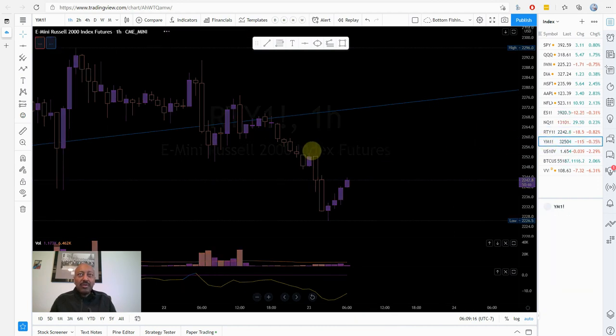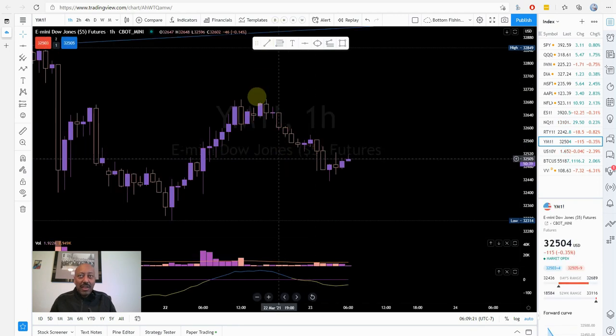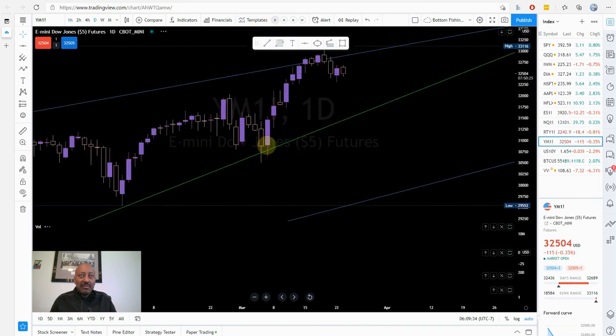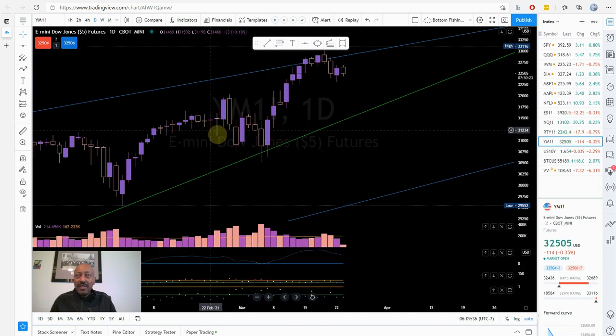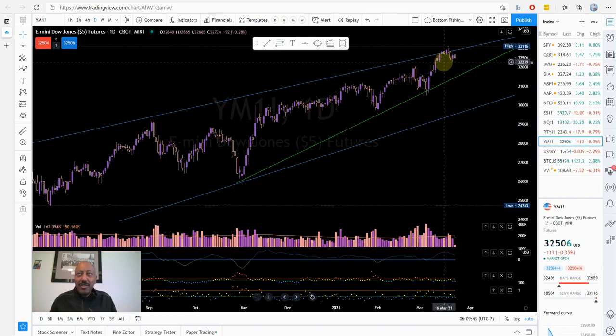So the Dow, the YM, again, looks like we could potentially be forming a higher low. This is great because on the daily basis, I zoom out a little bit. On the daily basis, in our monthly trend line, we're in the upper bound.